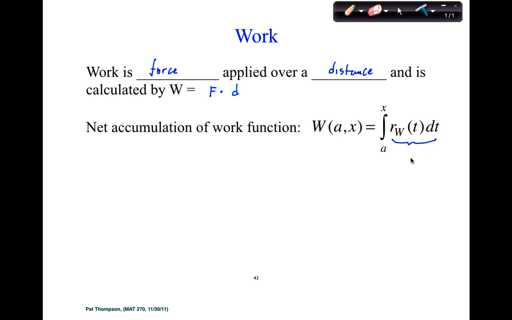So this is dW. Each little bit of work we calculate using the rate times the change in x, like change in y equals m dx. So we're accumulating little bits of our quantity to form the quantity function. We use the rate to get every little bit of the quantity.